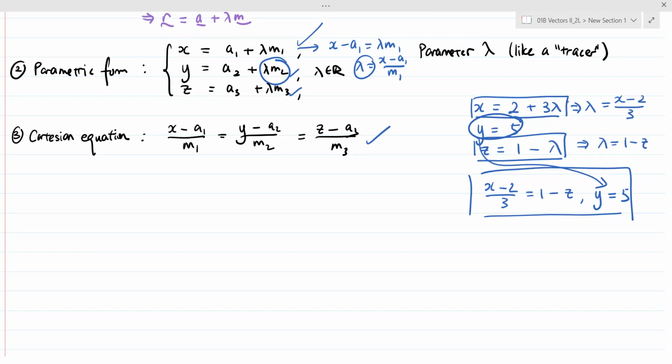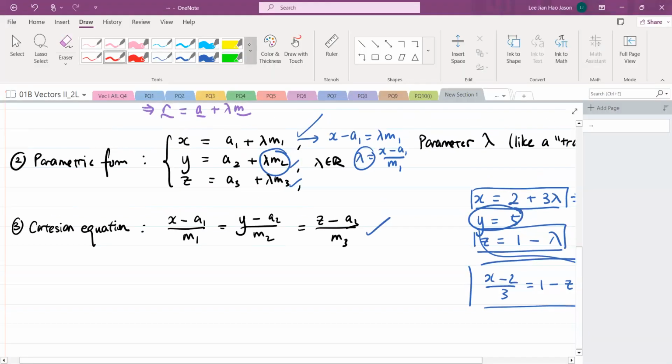Okay, then in reverse, what about the reverse problem? How do we convert from Cartesian into vector form? Yes, you go to parametric first. So you precisely do everything in reverse, but now you have to remember to bring in the lambda.